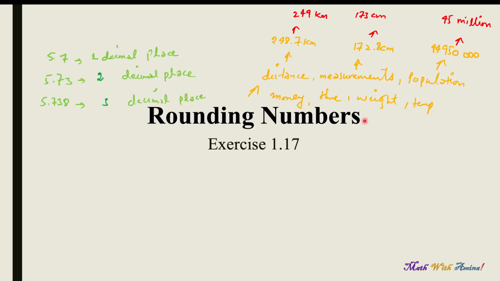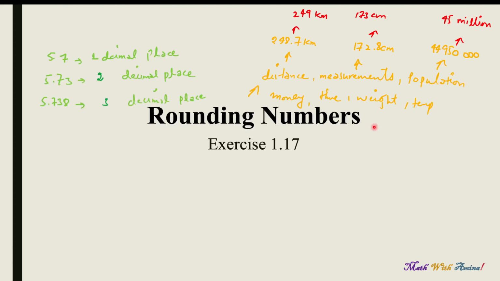So we are using rounding numbers in our daily life. It makes it easier to read, easier to remember, to communicate, and to use in calculation. That's one of the reasons we round numbers. Before we start rounding numbers, we need to understand place value.